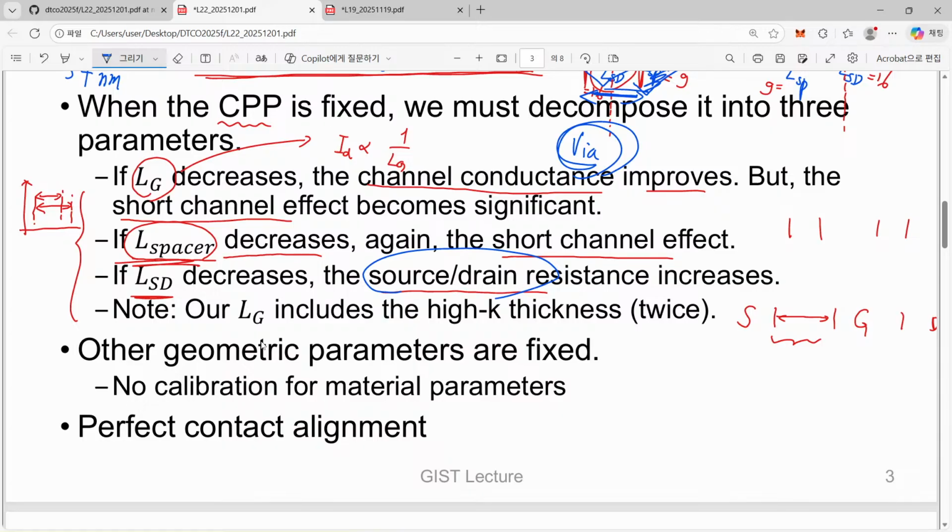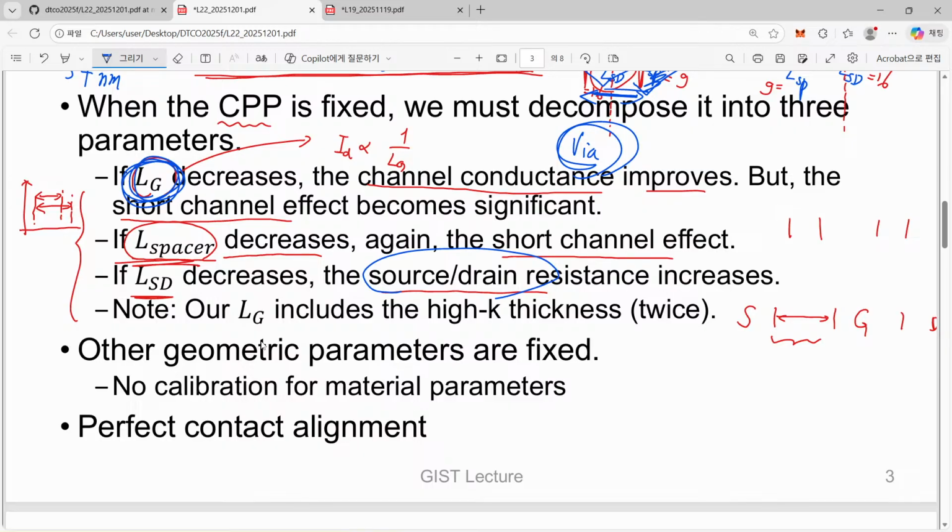That's the reason why our job is to make a certain compromise between these pros and cons. That will be done in our example today, but I cannot cover all of them, just one part, mainly concerning the LG part.